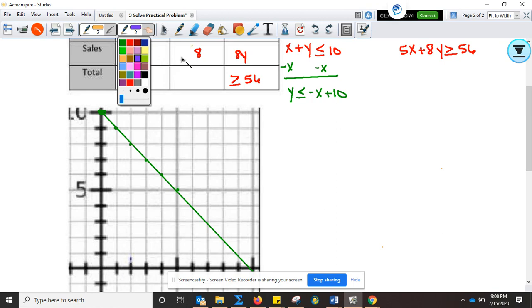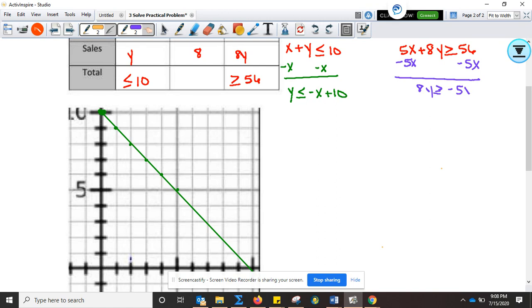Okay, so we have 5X plus 8Y is greater than or equal to 56. So I'm going to subtract 5X from both sides. So 8Y is greater than or equal to negative 5X plus 56. Okay, and divide every single term by 8.